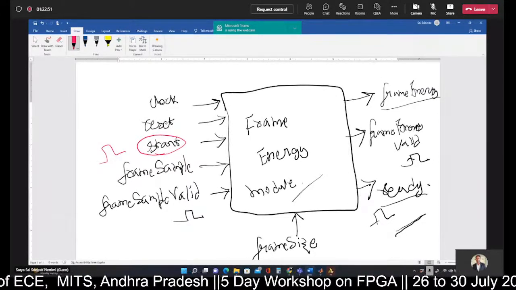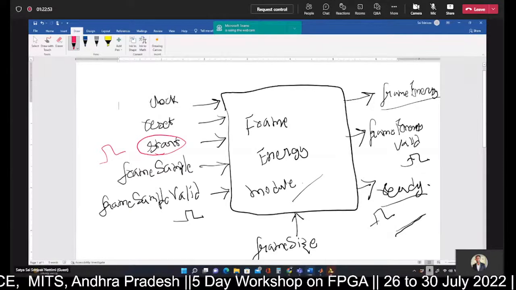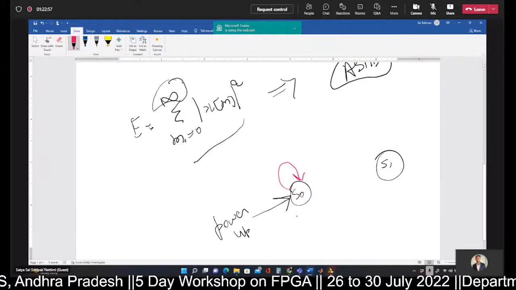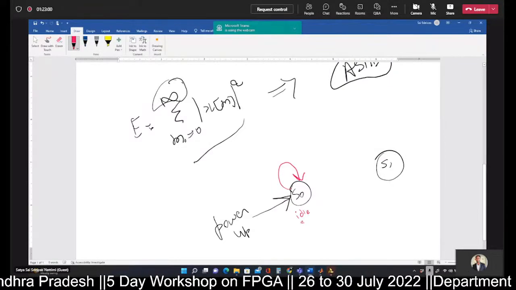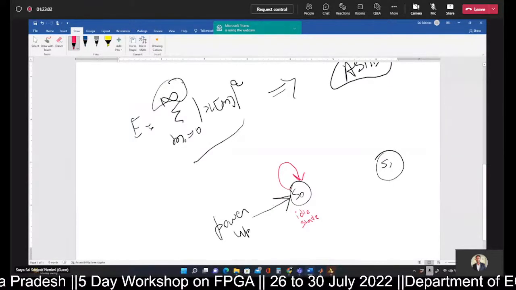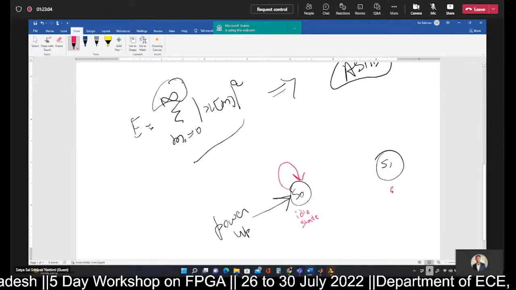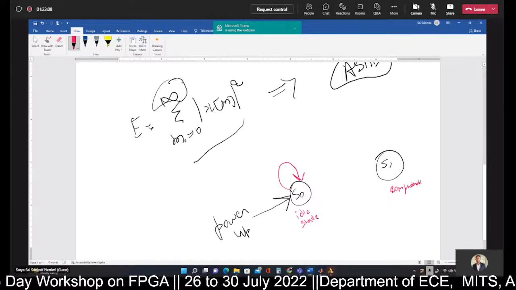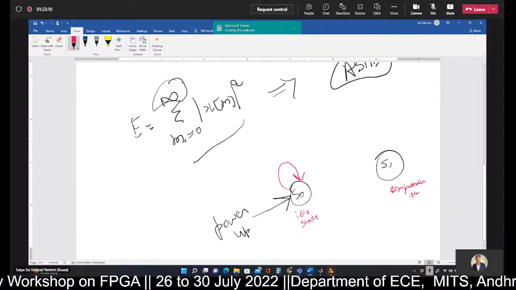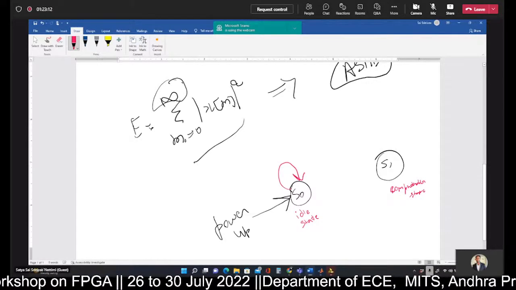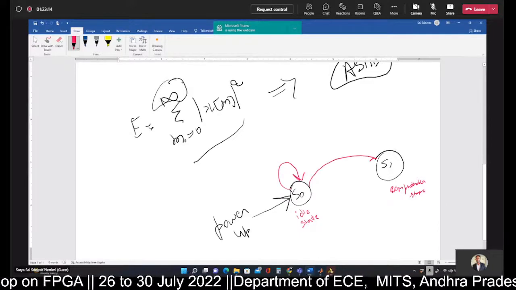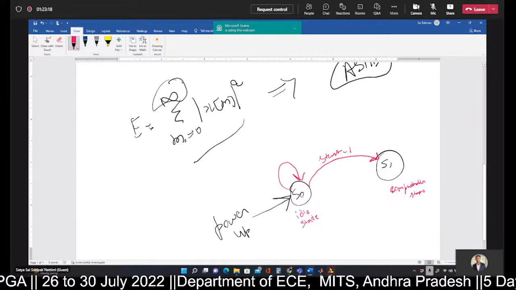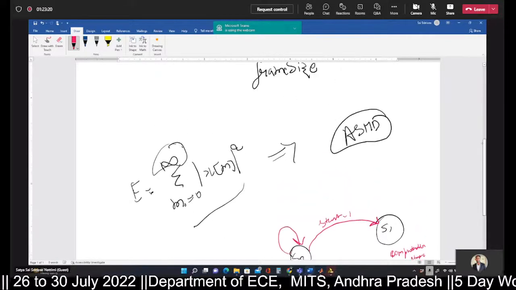Then our module will jump from the idle state to the computation state. The S0 state we call the idle state, and the S1 state we call the computation state, where it will try to compute the frame energy. So when start equals 1, it jumps to the S1 state.